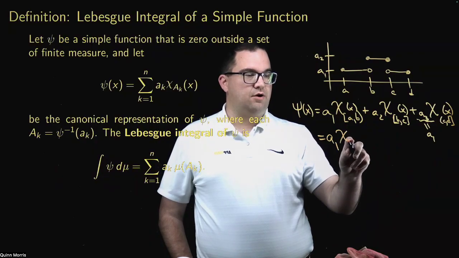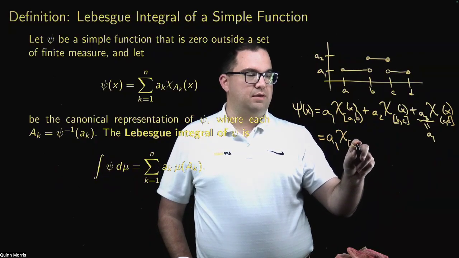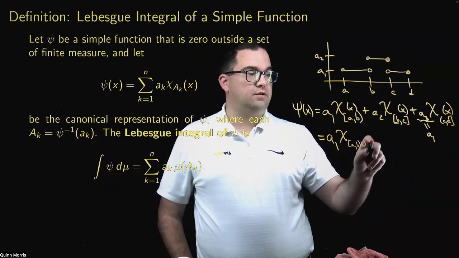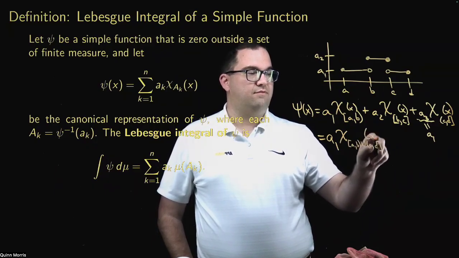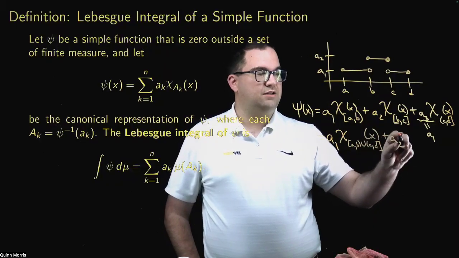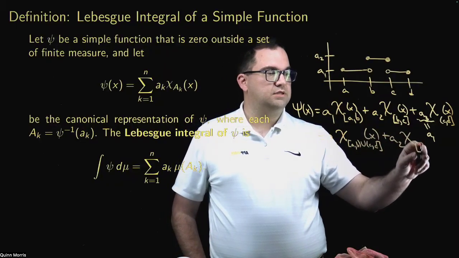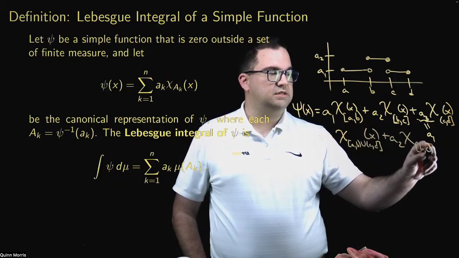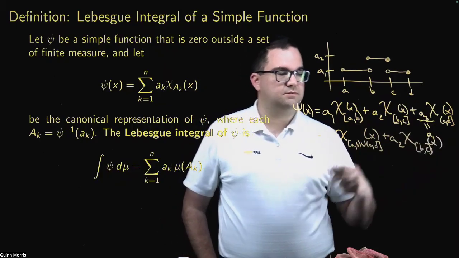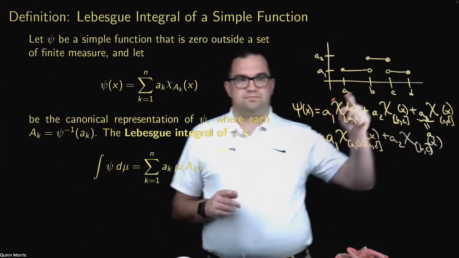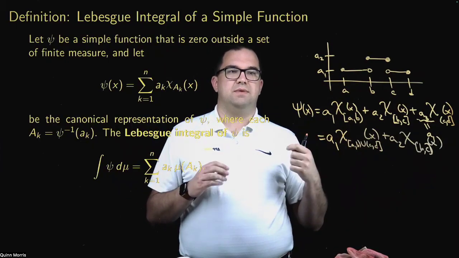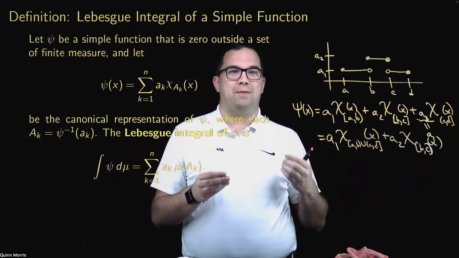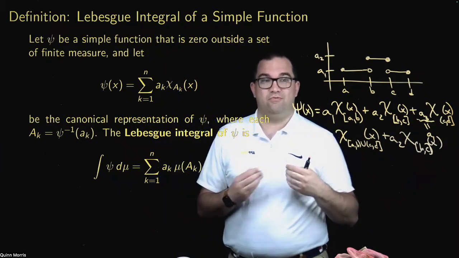So I could write this as A1 times the characteristic function of AB union CD of x plus A2 times the characteristic function of BC of x.